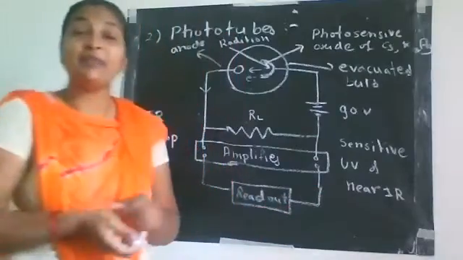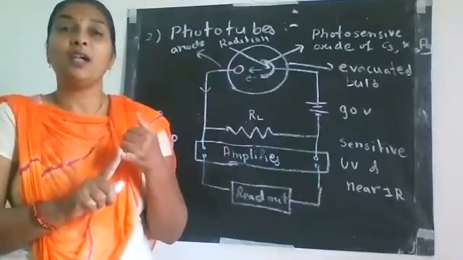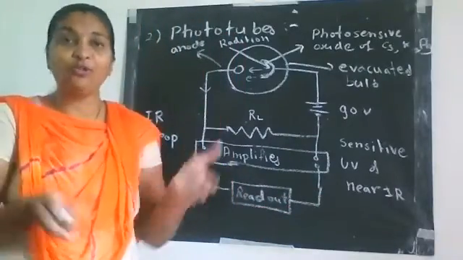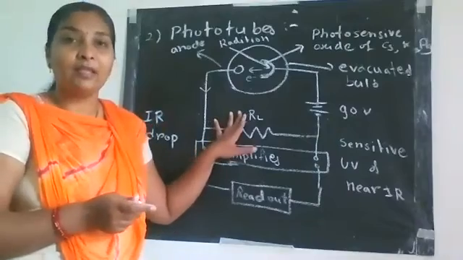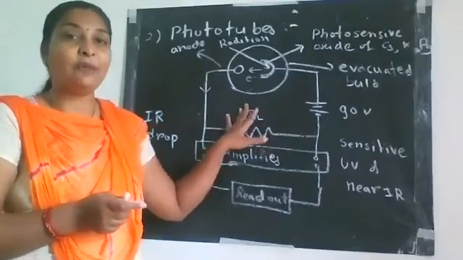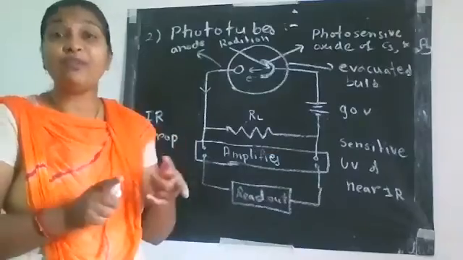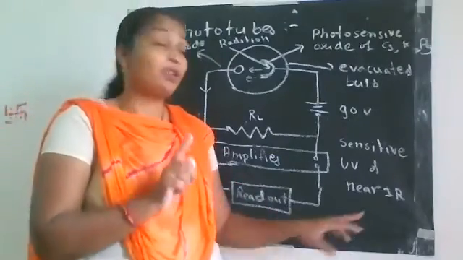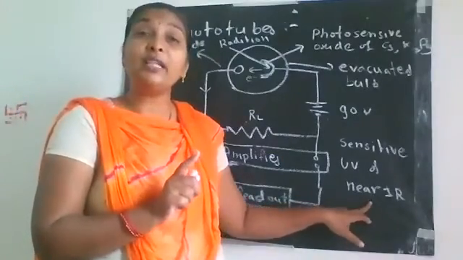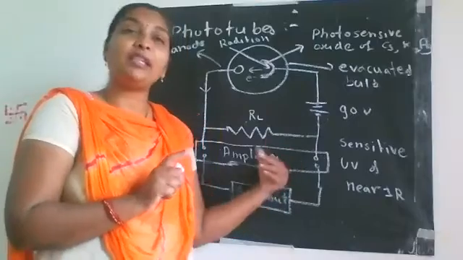So what it means is, if you are measuring the ultraviolet rays, the whole UV region is covered by this detector, and along with the whole UV region, you are also able to measure the near IR radiations by using the same detector.